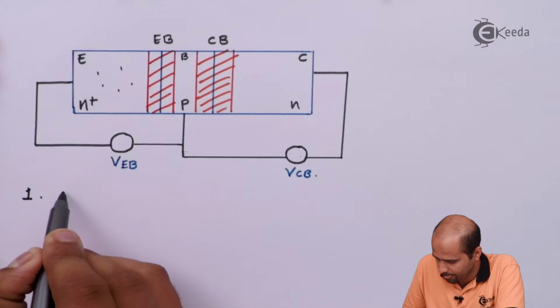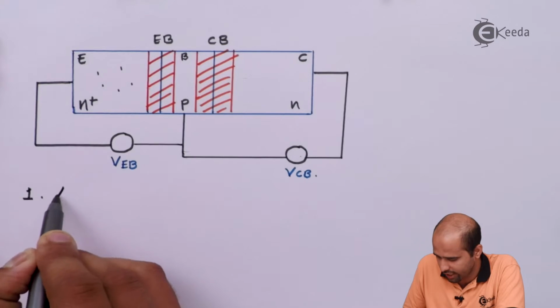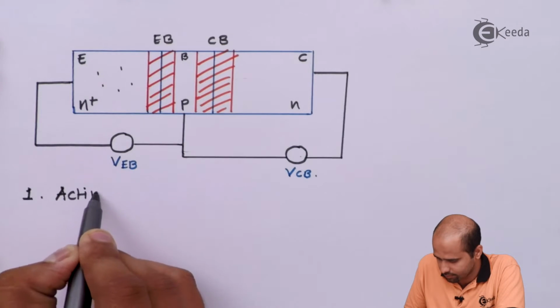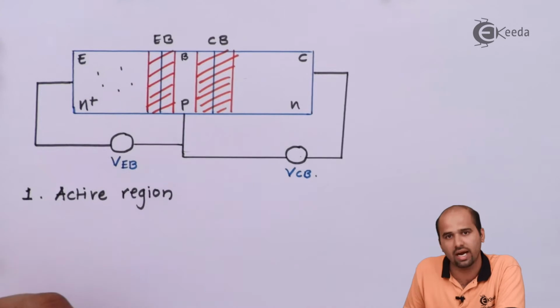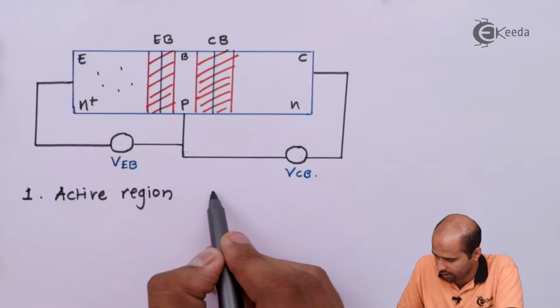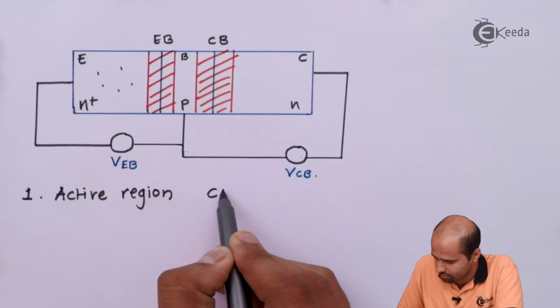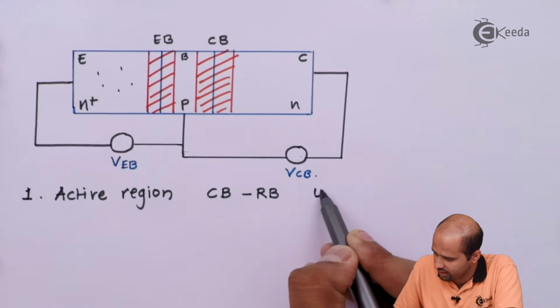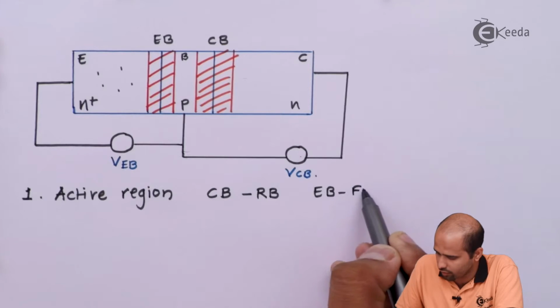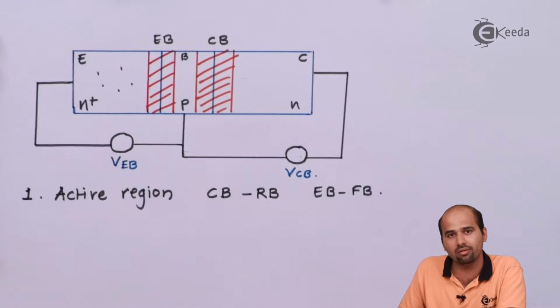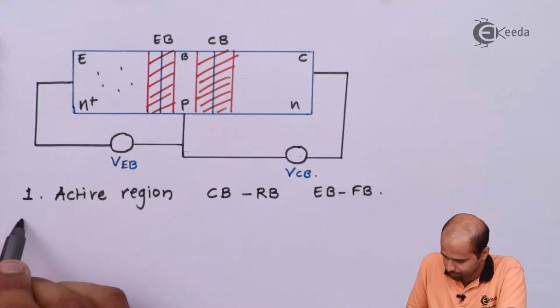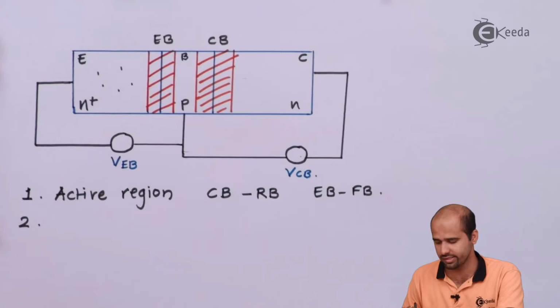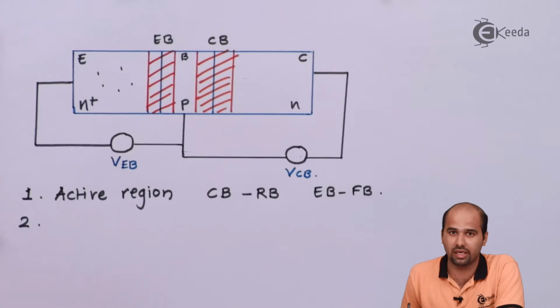So we will say the first operation is called the active region, and that happens when the CB junction is reverse biased and the EB junction is forward biased. We will learn these operations separately. Second is the saturation region.